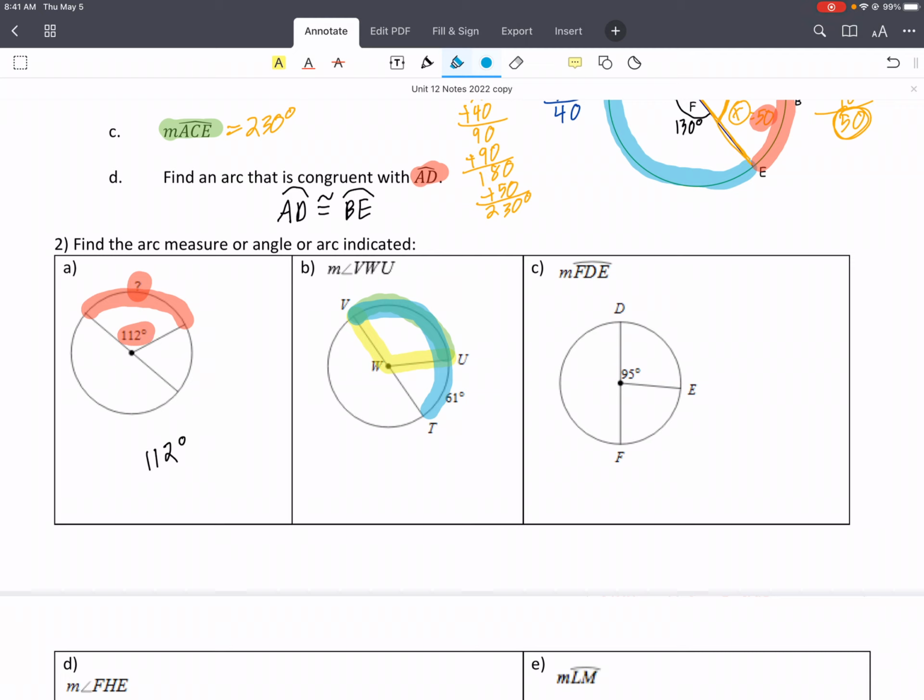So we know that that semicircle is 180 degrees. So we basically just got to do 180 minus 61, which gives us 119 degrees. Ta-da!